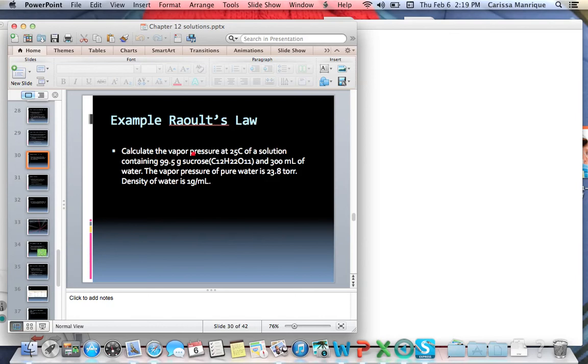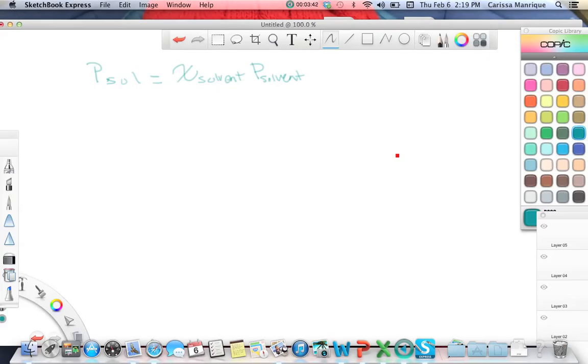Calculate the vapor pressure at 25 degrees Celsius of a solution containing 99.5 grams of sucrose. That's like salt.